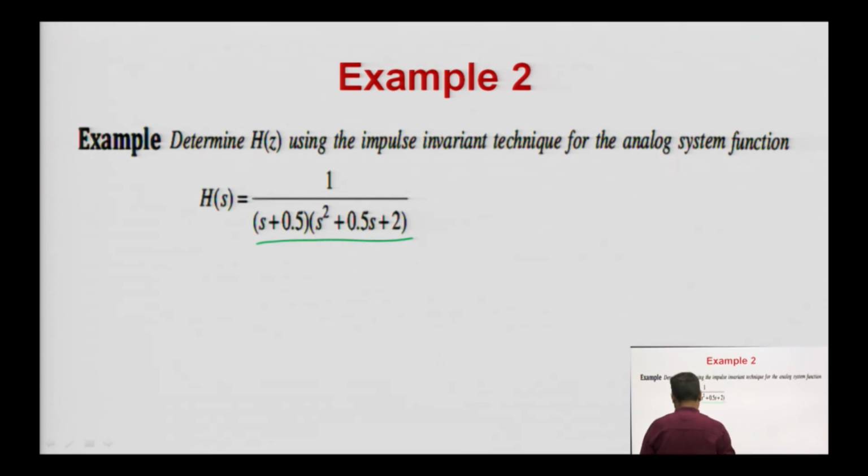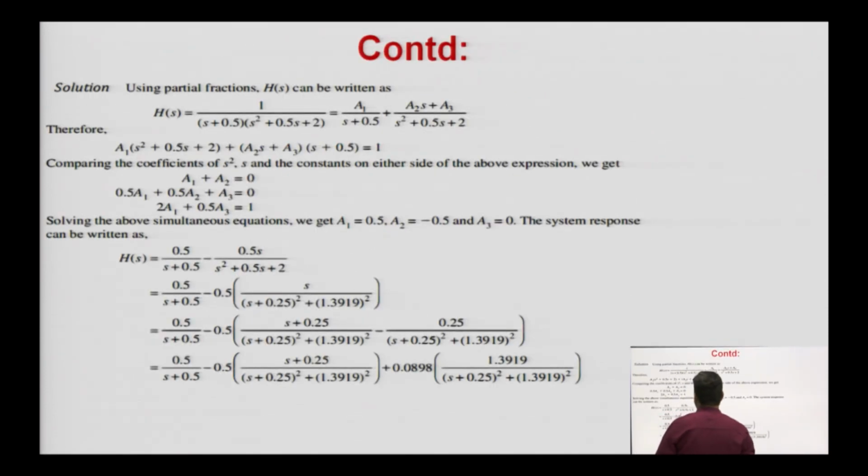For this question, at first you have to do the partial fraction, A1 upon this plus, because this is the quadratic, (A2 s plus A3) upon this. Now, you have to calculate the values of A1, A2 and A3. So, now you will get A1 is equal to 0.5, A2 is equal to minus 0.5, A3 is equal to 0, then you have to put the values here, then your expression is in this form.